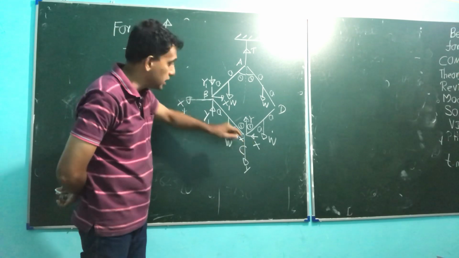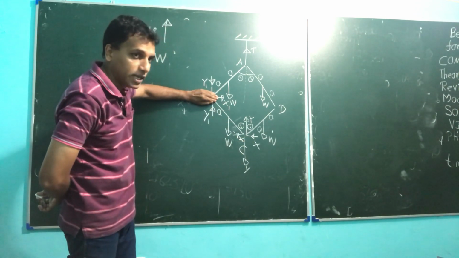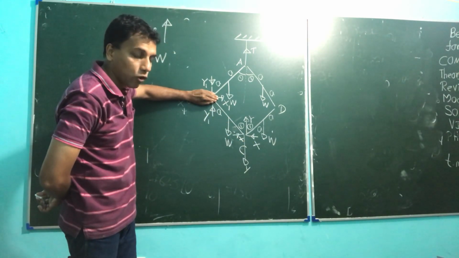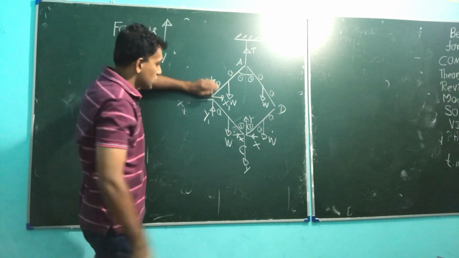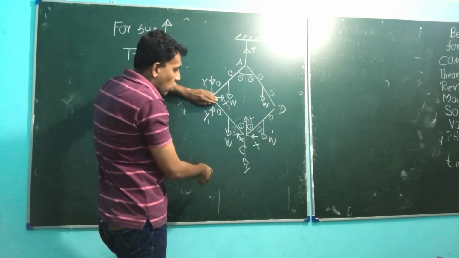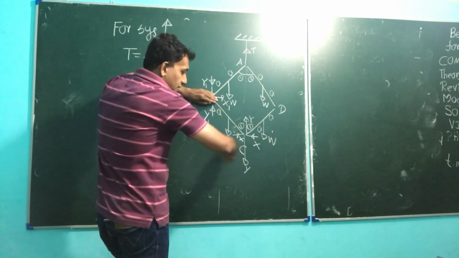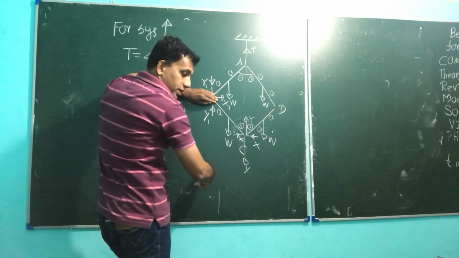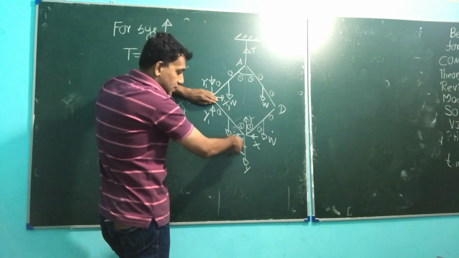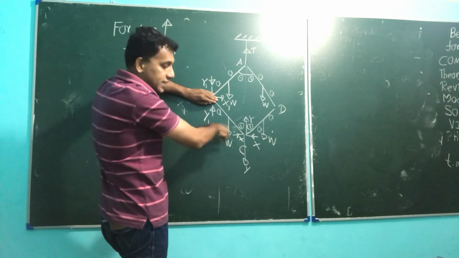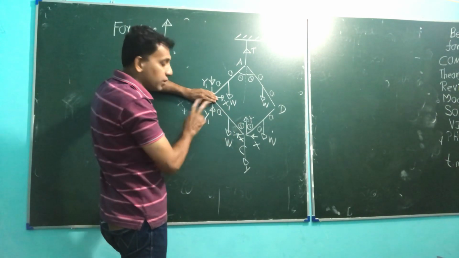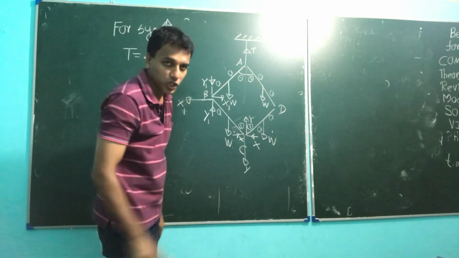For rod BC, take moments about B. You know moment is force into distance. So if you take moments about B for rod BC, what are the forces? X and Y and W, right? X and Y are two unknowns, W is known. You have one equation.